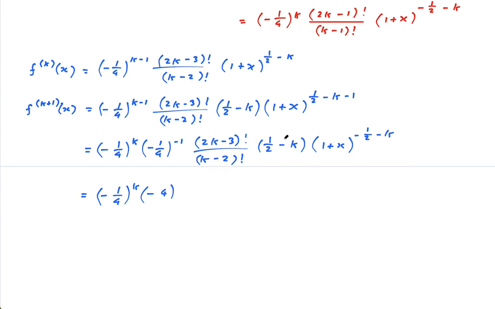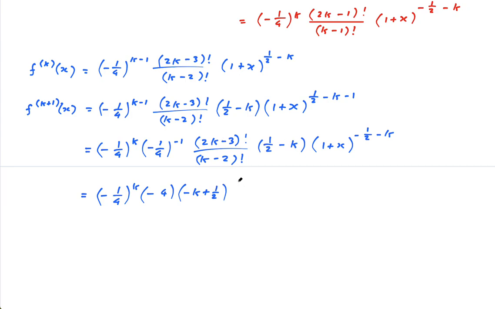I'm going to move this over here. So this is going to be, and I'm going to call it minus k plus a half. I'll show you why I'm doing that in a second. So this is minus 4, because that's what the power of minus 1 does. This is just minus k plus a half, obviously.